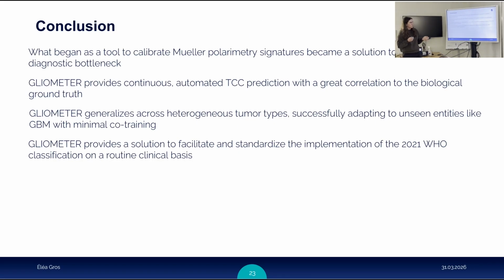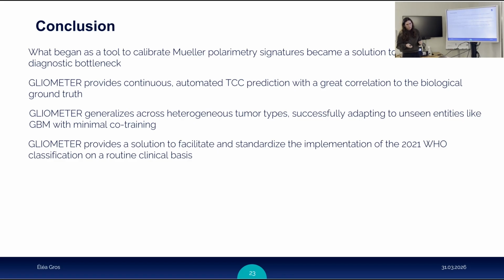Finally, just to conclude, what started as a tool to calibrate our parametric system became a solution to a systematic diagnostic bottleneck in neuropathology. With this tool, we can provide automated tumor cell prediction with great correlation to the biological ground truth. It generalizes across heterogeneous tumor types.